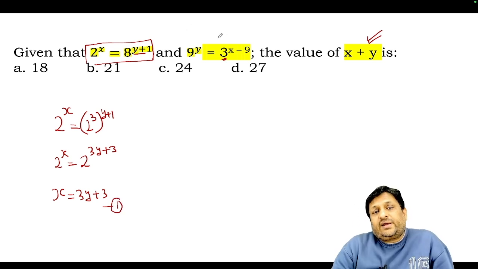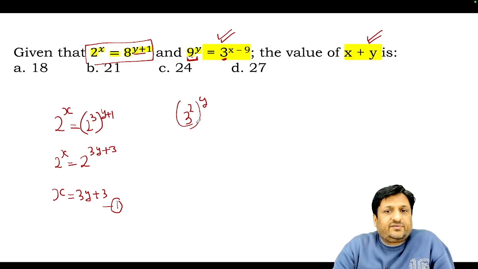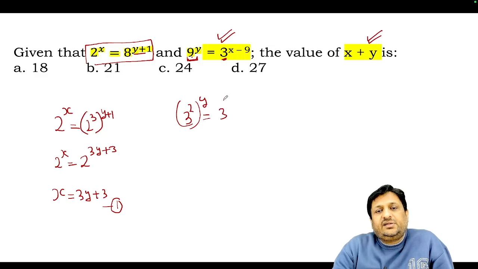Similarly, in the second equation also, we will try to make the base of both LHS and RHS same. The base of RHS is 3. So I will try to convert the base of LHS also to 3. Now 9 is 3 square, whole raised to the power y. This is my left hand side. And right hand side is 3 raised to the power x minus 9. So you can easily see left hand side will become 3 raised to the power 2y, and right hand side is 3 raised to the power x minus 9.